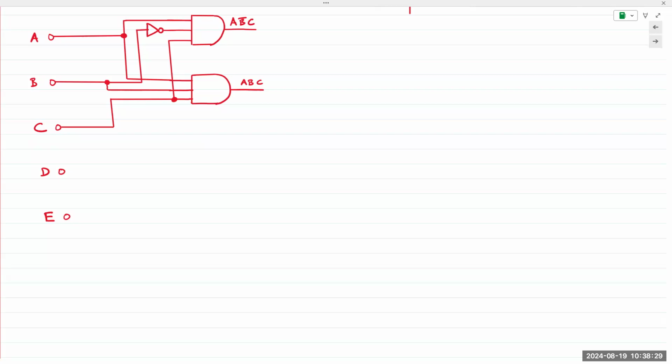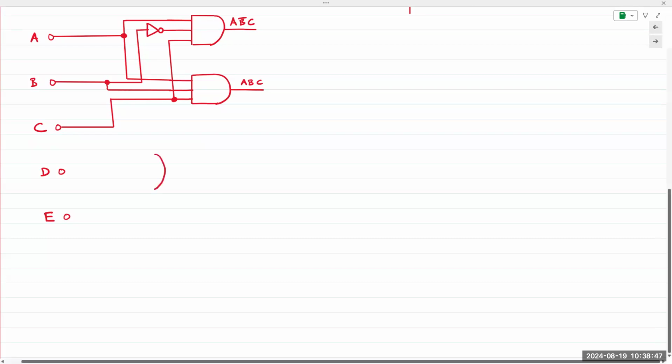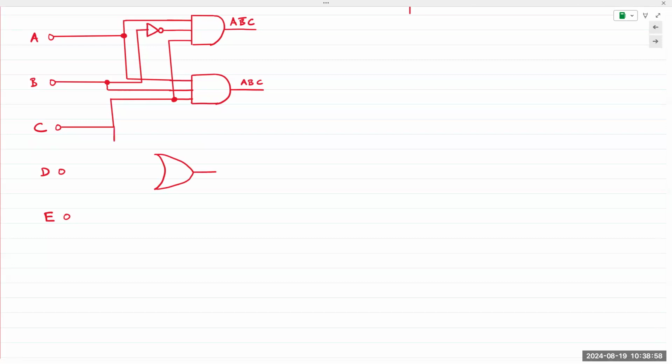Then what's the next? It's C plus D and D not plus E. And then the output is fed to an AND gate. So let's draw this closer. And let's do it this way. So this is C plus D. So let's extend it here.